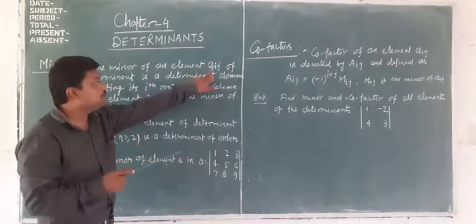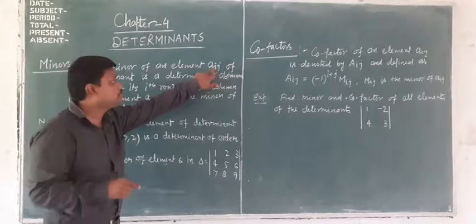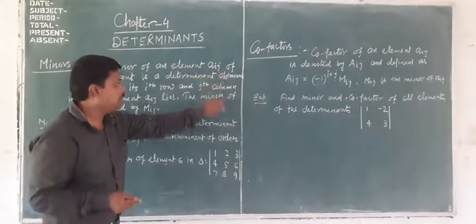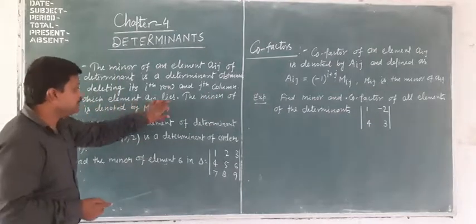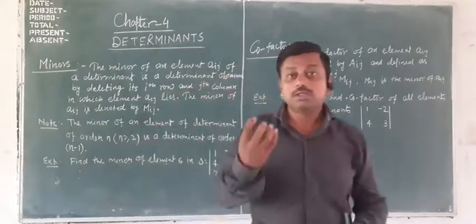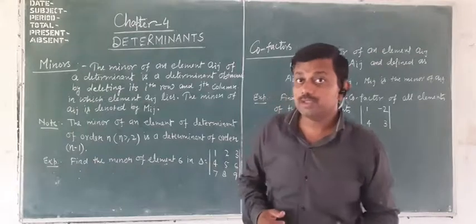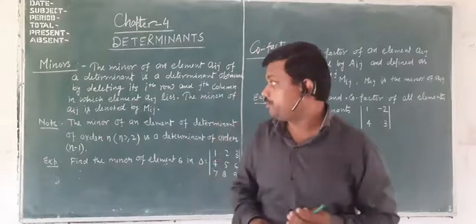Ith row means the row in which the element lies, and jth column means the column in which the element Aij lies. Suppose we have to find the minor of the element A23. A23 means the element lies in the second row, third column.